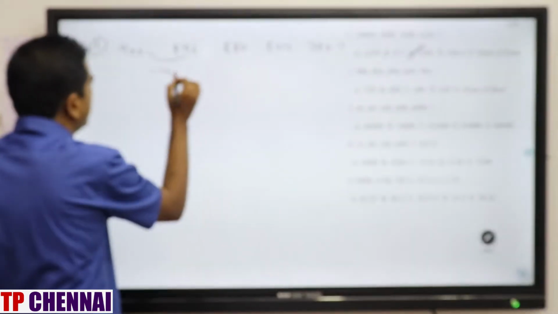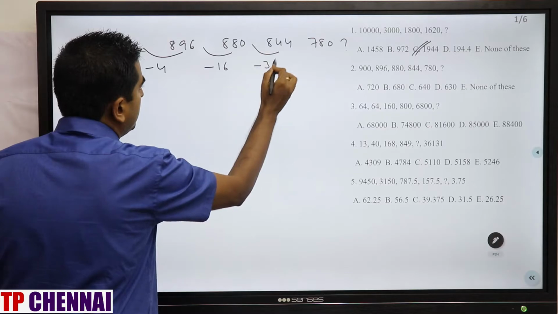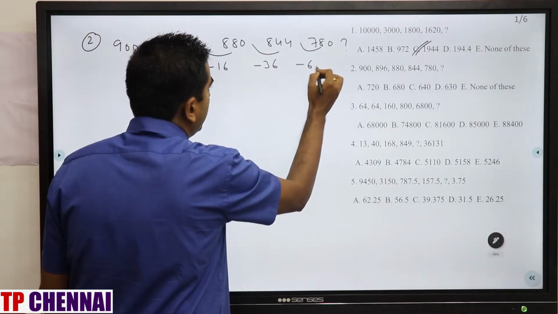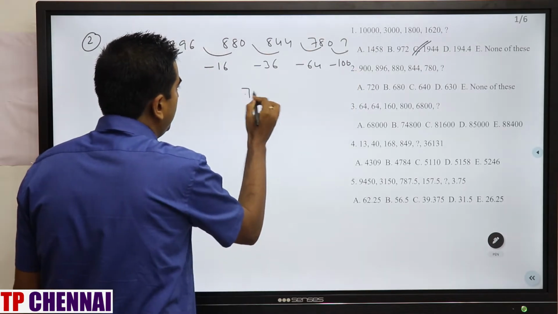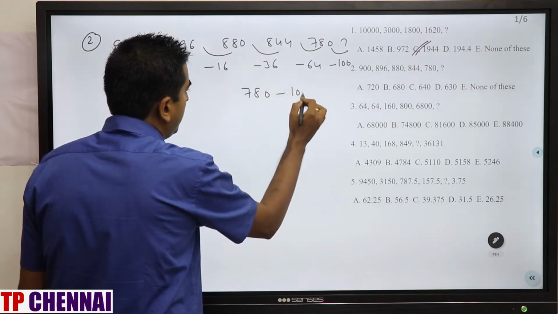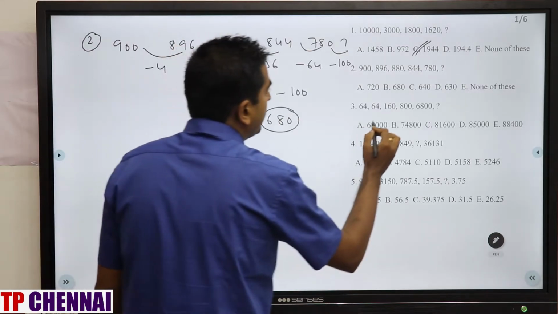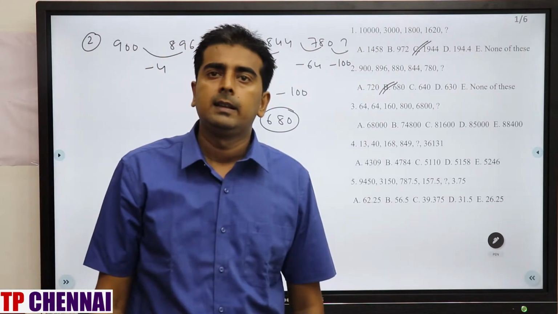This is minus 4, this is minus 16, this is minus 36. 2 square, 4 square, 6 square, next will be 8 square, this will be 10 square. 780 minus 100, what is the answer? 680, which is nothing but second option. Clear?